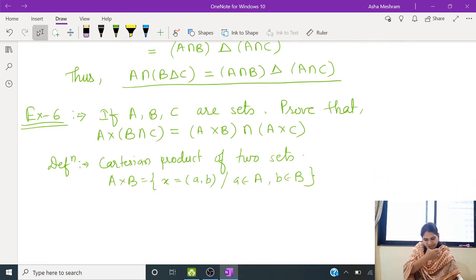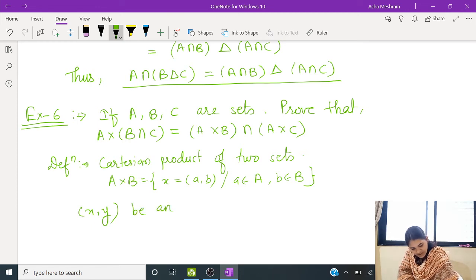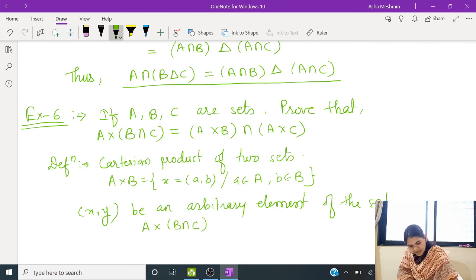Here again we give a parallel proof of both sides. We are not going to prove that they are subsets of each other. Let us assume that the ordered pair (x, y) is an arbitrary element of the set A cross (B intersection C).